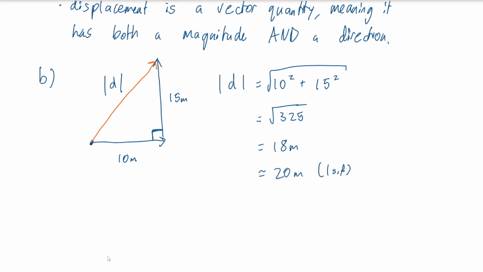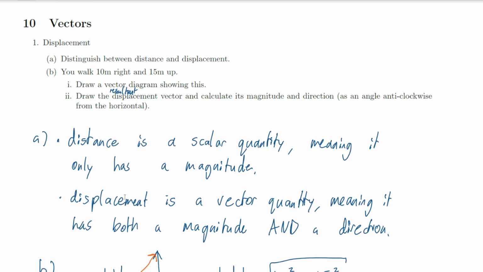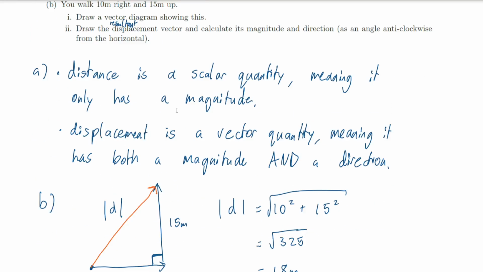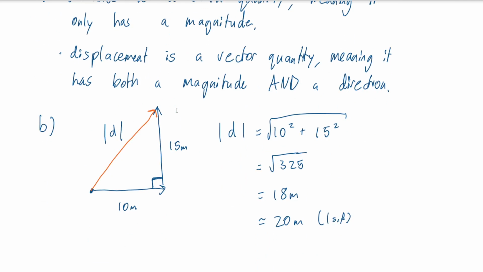Okay, so we found the magnitude, but we know that displacement is a vector. It has a magnitude and a direction. So how do we find the direction? The question specified to find the angle anti-clockwise from the horizontal. So back to our diagram. Horizontal being left and right, the flat, anti-clockwise from that.